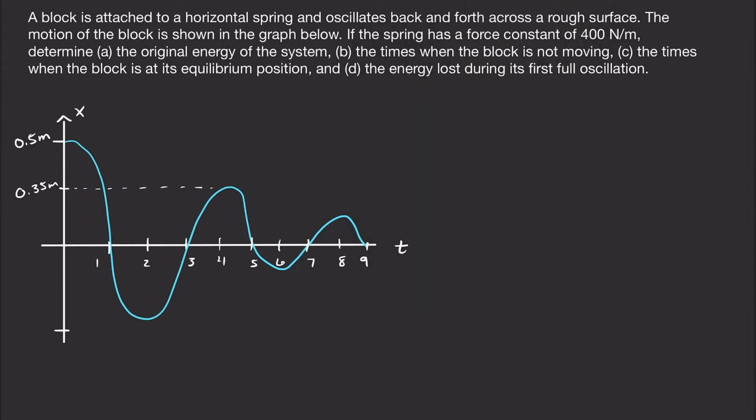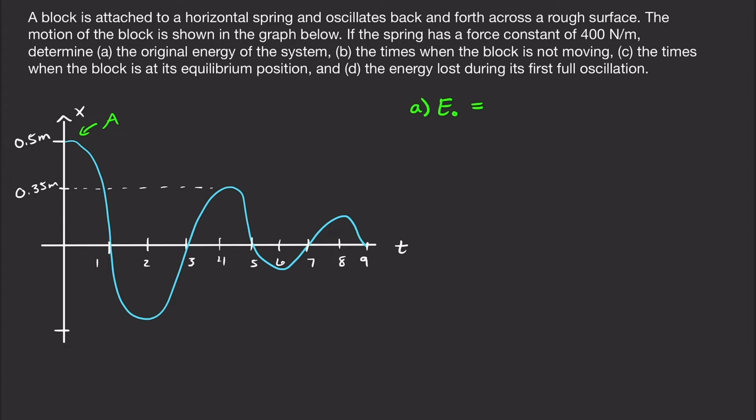Okay, so the first thing we want to find is the initial energy, so I'll put E naught. And the initial energy is just given by the amplitude at the beginning. So initially, when it was pulled back and released, all of the energy was potential energy in the spring before it started moving. And so it's at its highest right here.